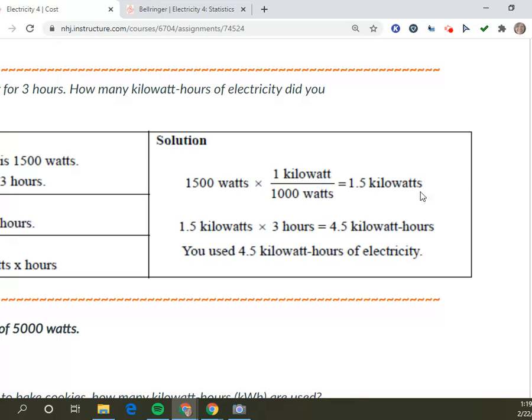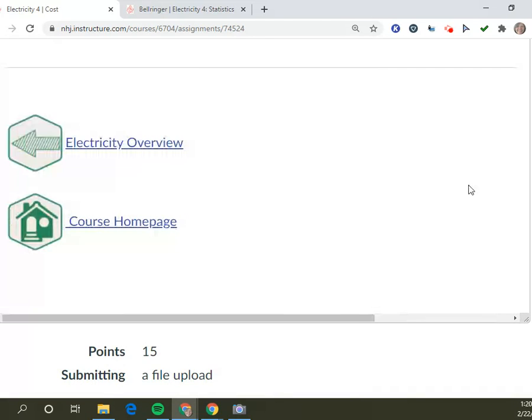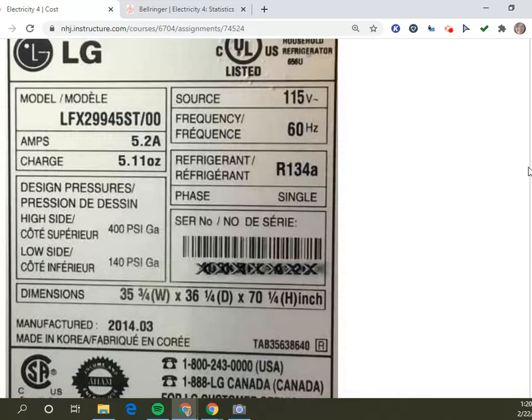We have 1.5 kilowatts. We use 1.5 kilowatts times 3 hours, then we've used 4.5 kilowatt hours of electricity. So that's a pretty straightforward example. We're going to come back down so you can see the rest of the lesson.